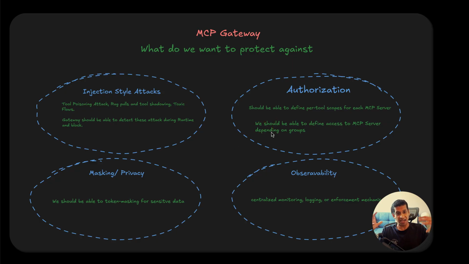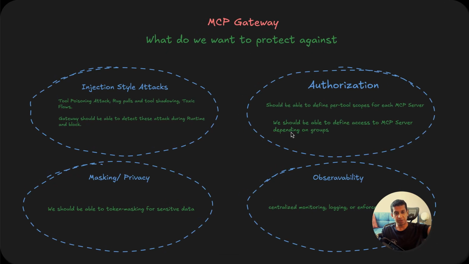As an admin of your organization, you want to define that if a user is part of, let's say, HR, and is using your Jira server, they should be able to perform certain tools. So you need the ability in the gateway to define which user or role can access which tools in your MCP server.